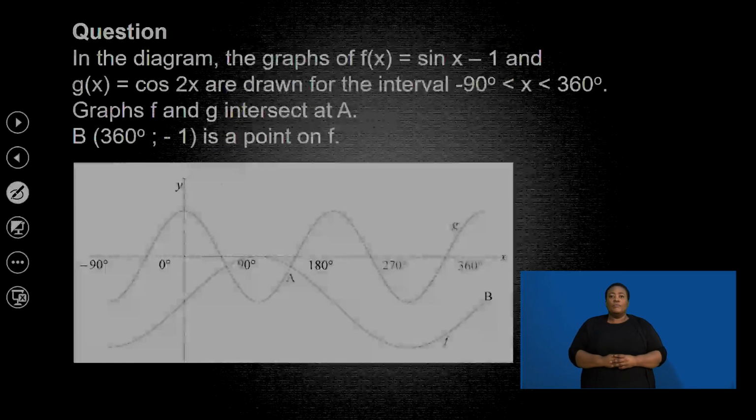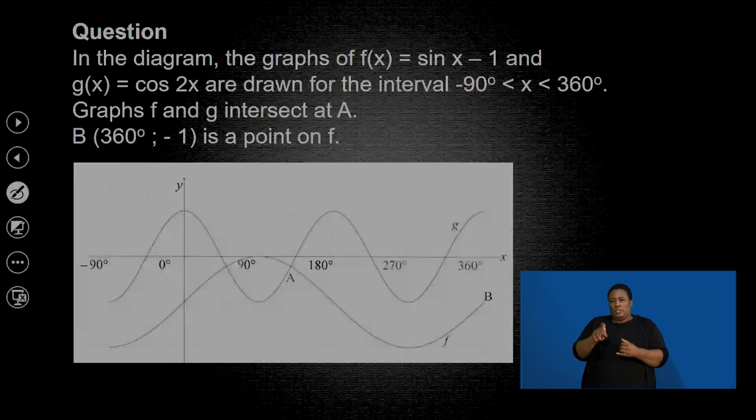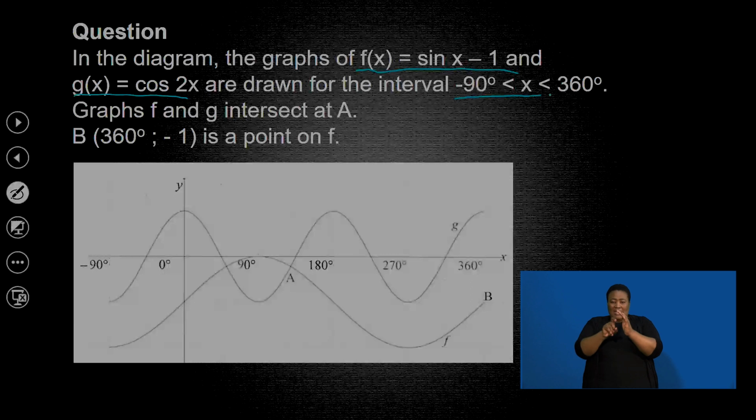And now, an actual question from a past paper reads as follows. In the diagram, the graphs of f of x, that's important, and also g of x, that's also important, are drawn for the interval. The interval is also very important.